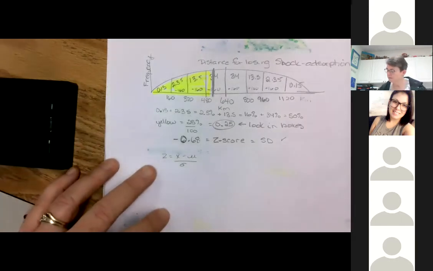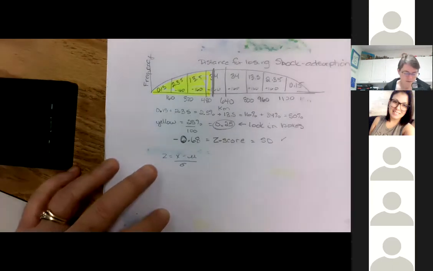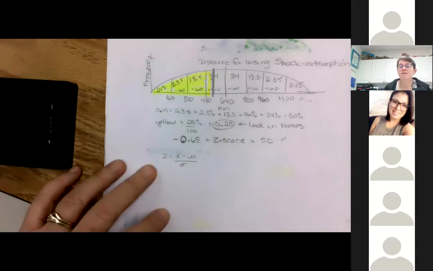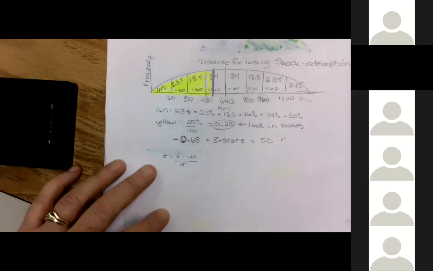All right. Rachel, do we have a z-score at this point? Do we have a z-score?